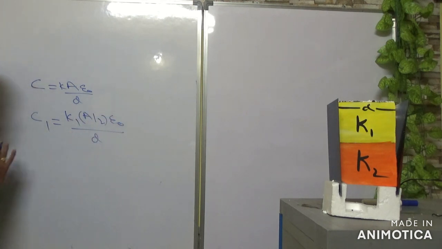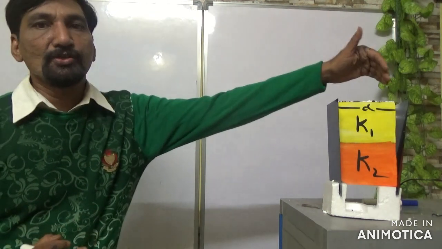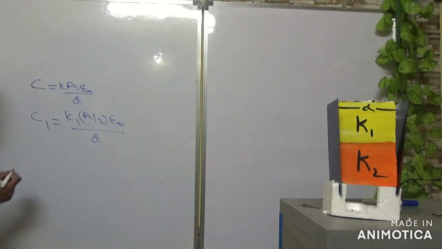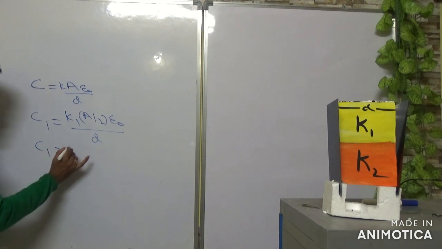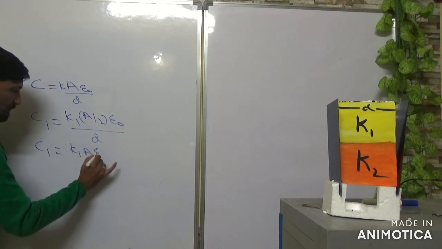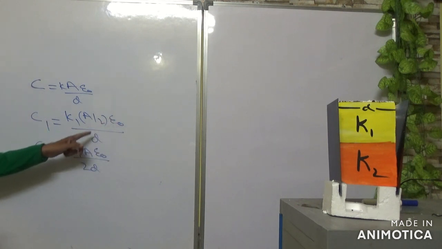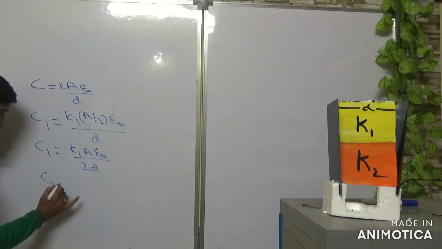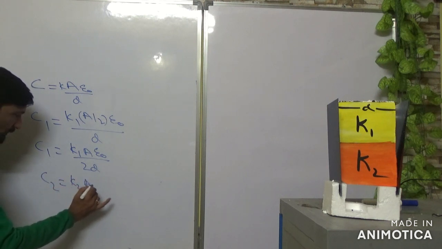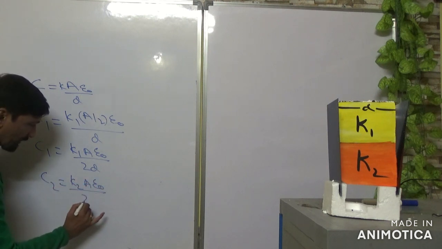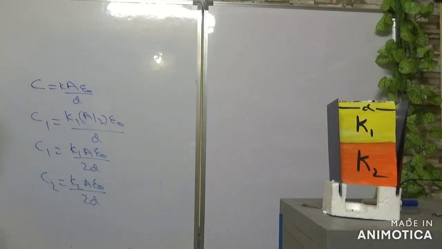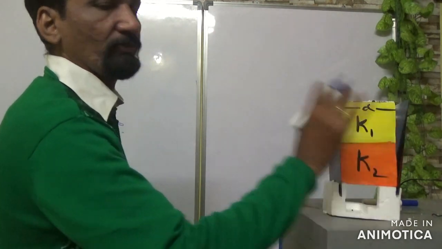But distance wise there is no change. See, the distance remains the same. So K1 A epsilon naught by 2D. Next one, C2, is K2 A epsilon naught by 2D. Okay, so these are the two dielectrics you have taken.